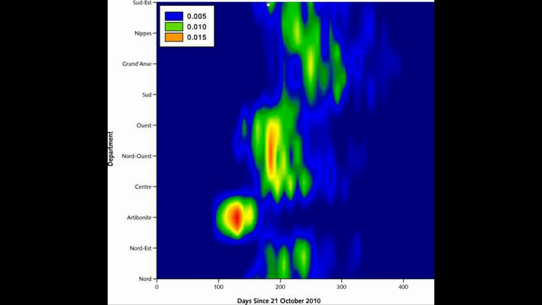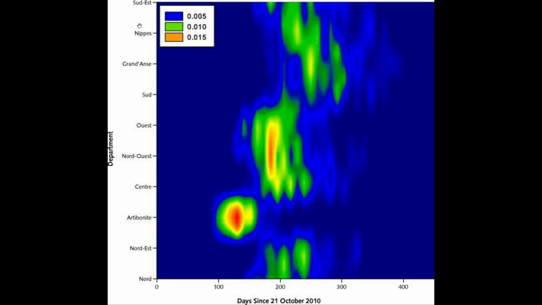And you can see how the infection spreads, from dark blue, low prevalence, to lighter colors, more toward red, representing higher prevalence or incidence.